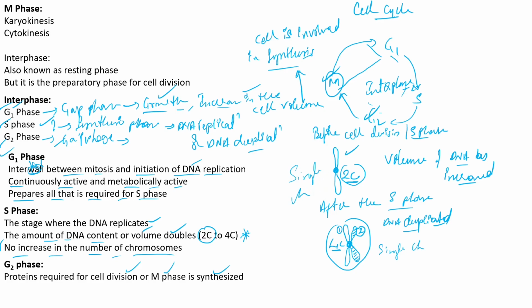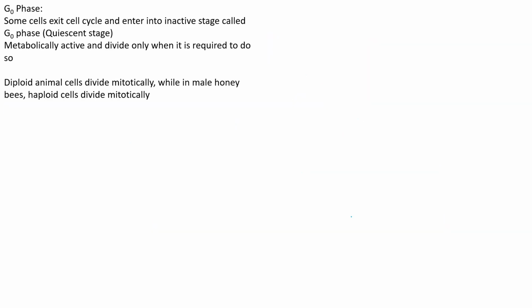But the DNA, what you can see over here, has actually increased. The appearance of one more sister chromatid is increasing the amount of DNA. Exactly, that is what we are trying to understand. Now let us look into the next point, the G0 phase.